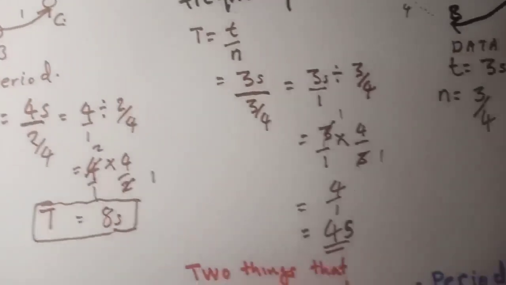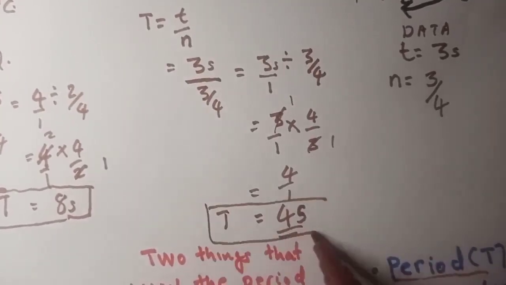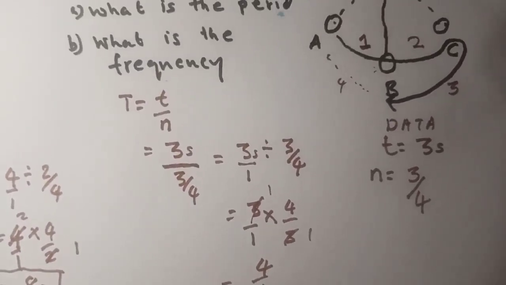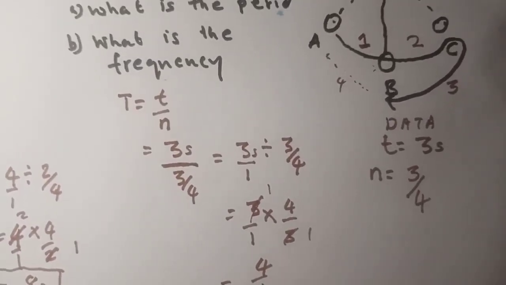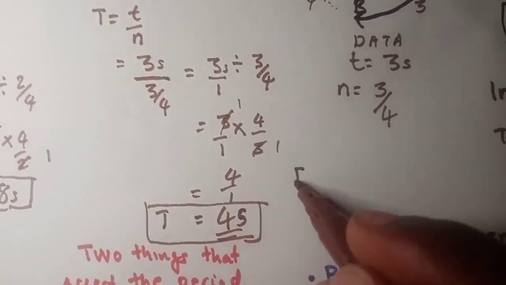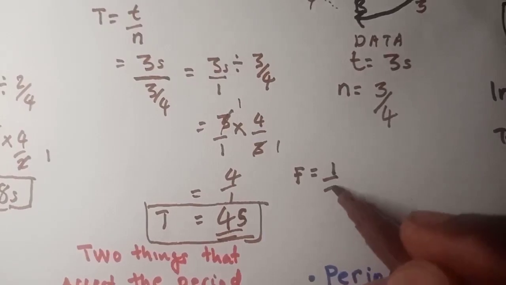This one, our period was 4 seconds. So we had another question here. What is the frequency? Frequency, denoted by f, is simply equal to 1 over the period.